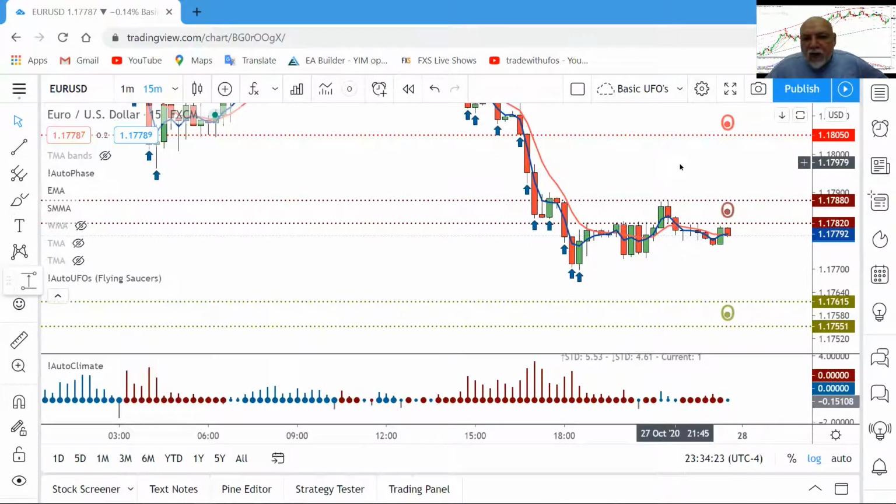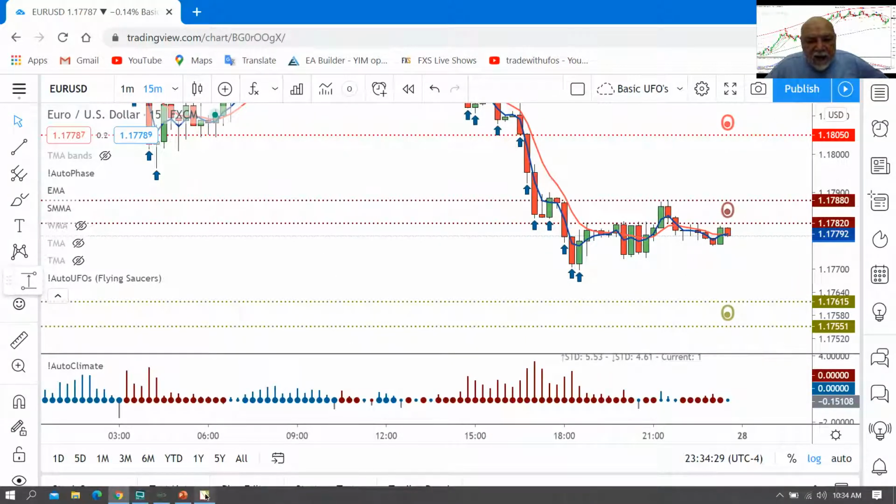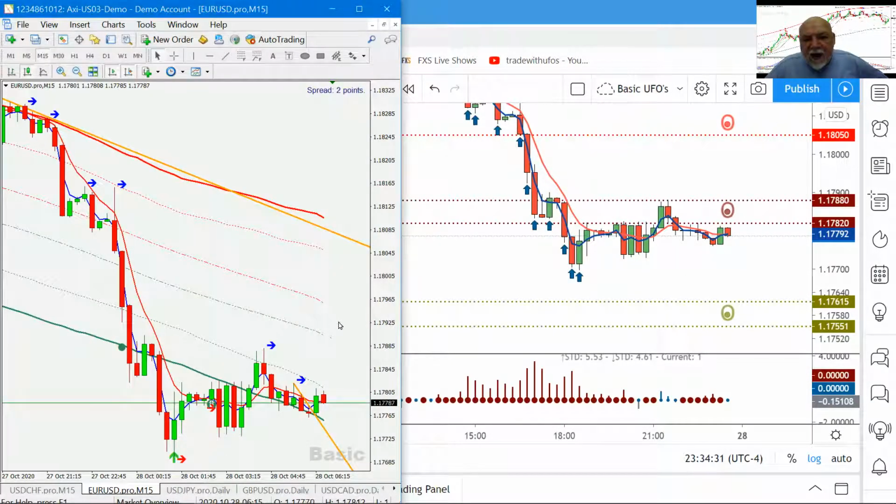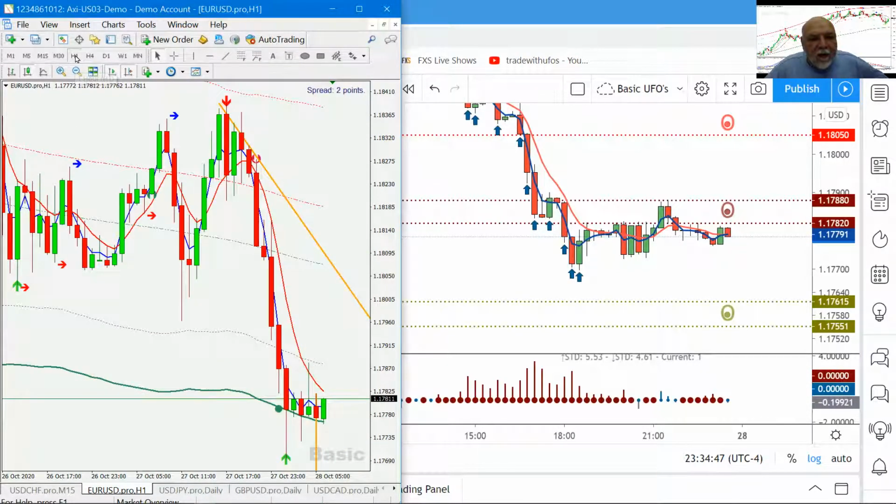I'm going to make sure that this is a 15-minute chart. Yes, it is. So we are seeing by correlation here that both of these charts are indicating that price really wants to go down. Let's take a look at the hourly again here. Hourly is also still indicating a down move.